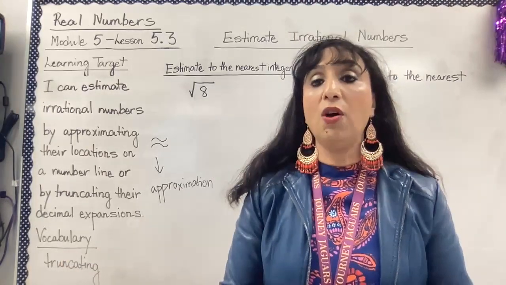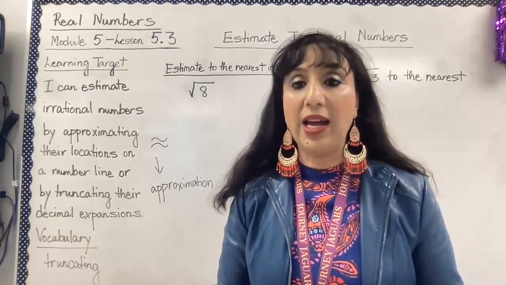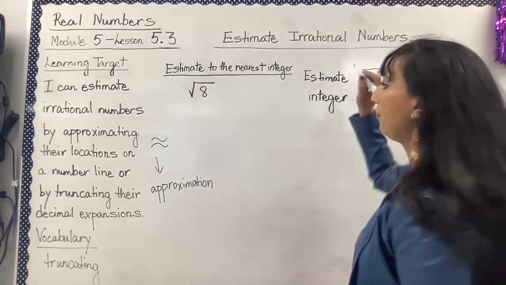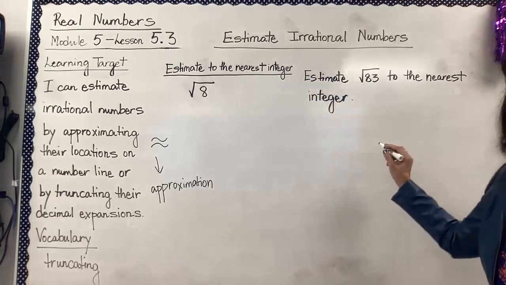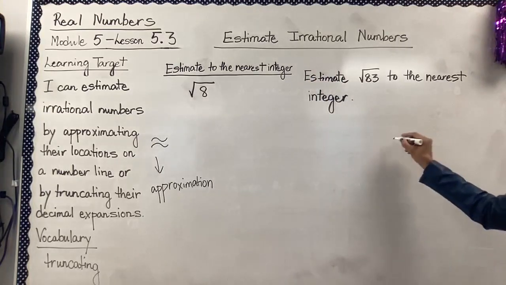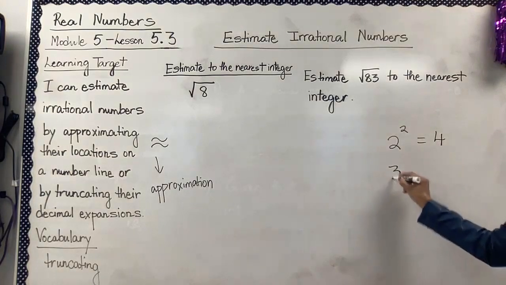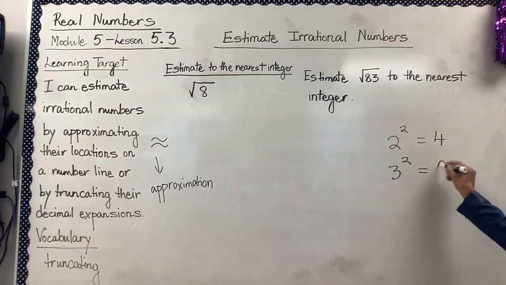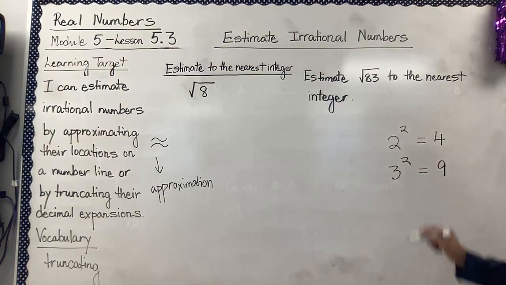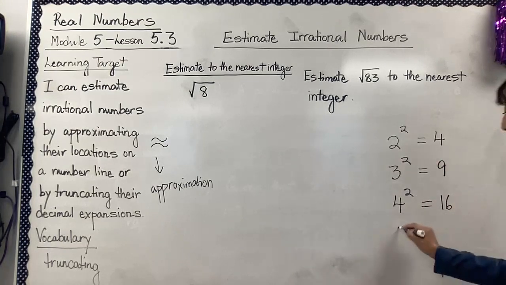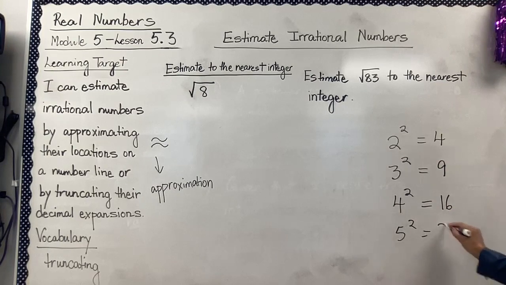Okay, so perfect squares are like, what is 2 squared? I'm going to write it here so that you can see what perfect squares are. So 2 squared is going to be 4. 3 squared is going to be 9, because 3 times 3. 4 squared is 16. 5 squared is 25.